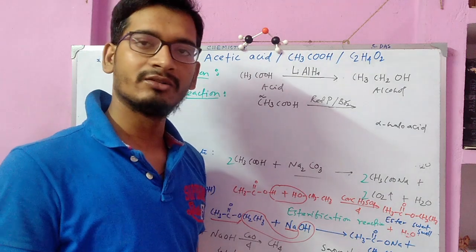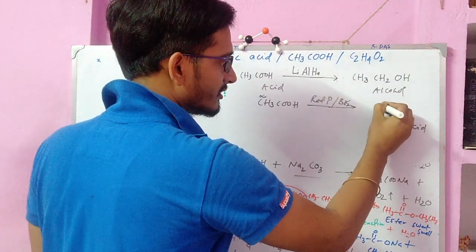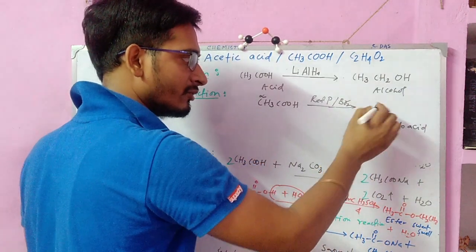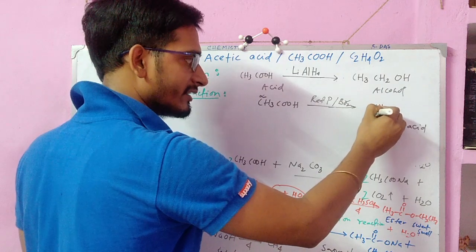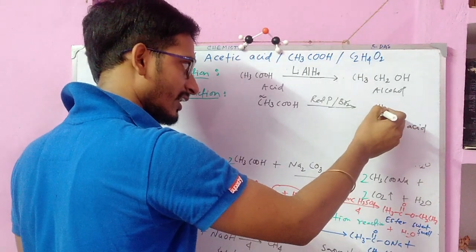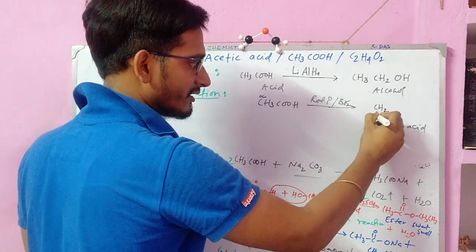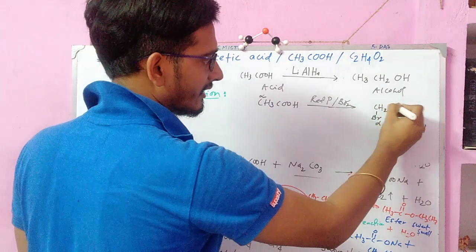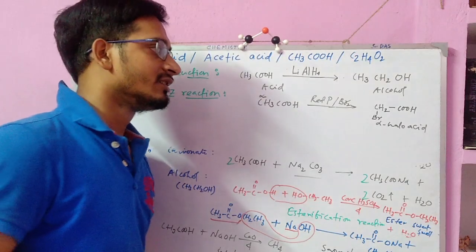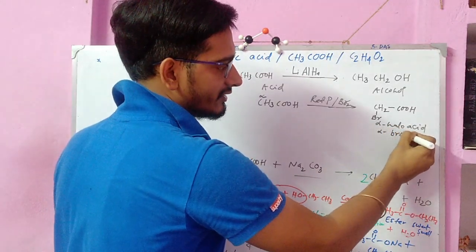So for that, one hydrogen must be removed. So the product will be CH2, one hydrogen will be eliminated, and for that hydrogen atom, one halogen atom, here we use bromine, Br, will be added, and the acid functional group, this is alpha halo acid. Here we can say this is alpha bromo acid.